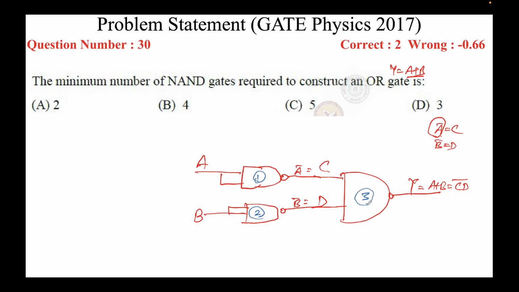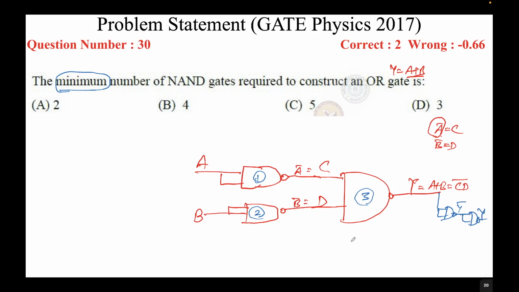So the answer should be 3, but the question says minimum. Can we go below that? No, we cannot go less than 3. There have to be at least 3 gates, but we can go higher. How? Let's say you implement this logic again. This will be Y bar, and you implement this logic again. This will again be Y, right? So how many gates are you using now?